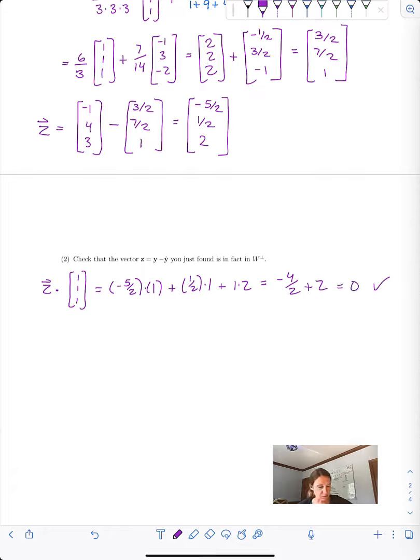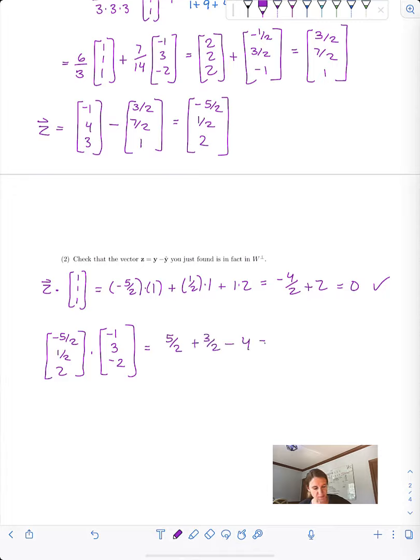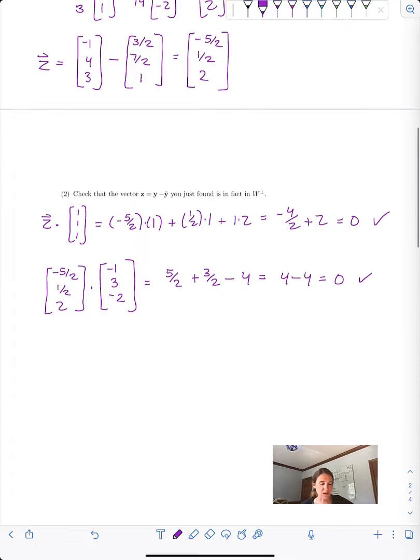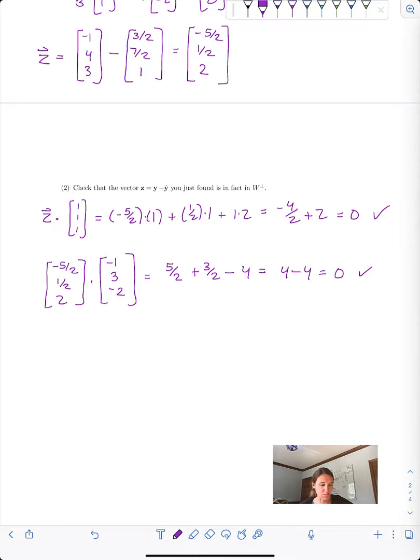And then we also need to check the dot product with our second vector, negative 1, 3, negative 2. And we get 5/2 plus 3/2 minus 4, which is 8/2 minus 4, so that's 0. And so z is in fact in W perp.